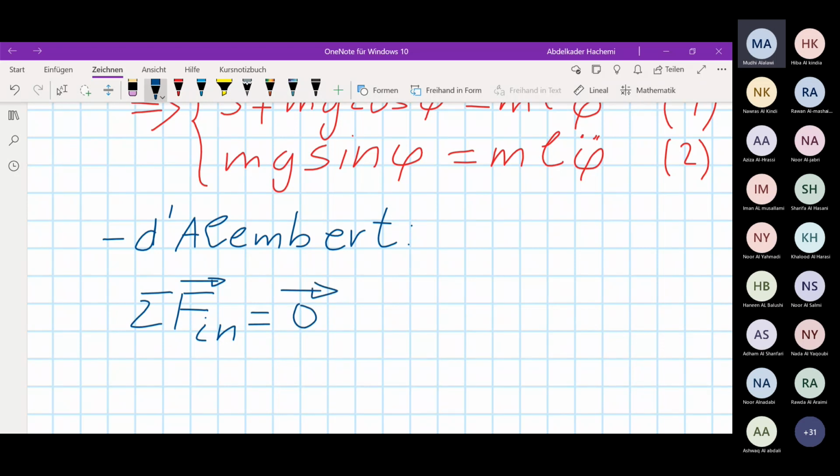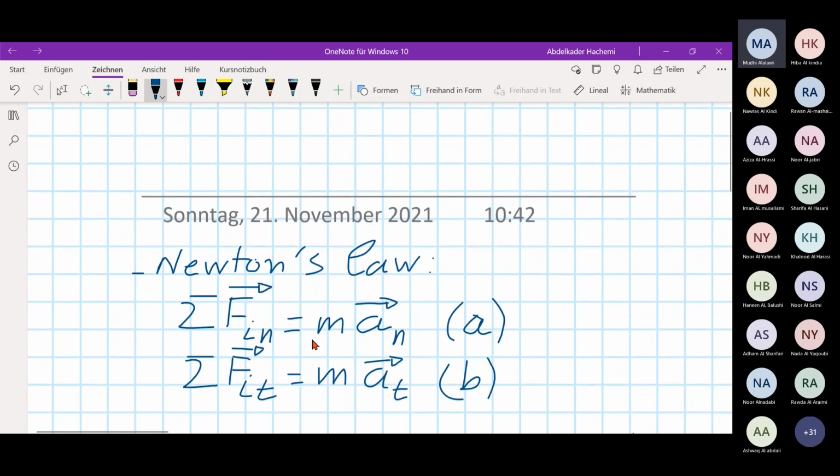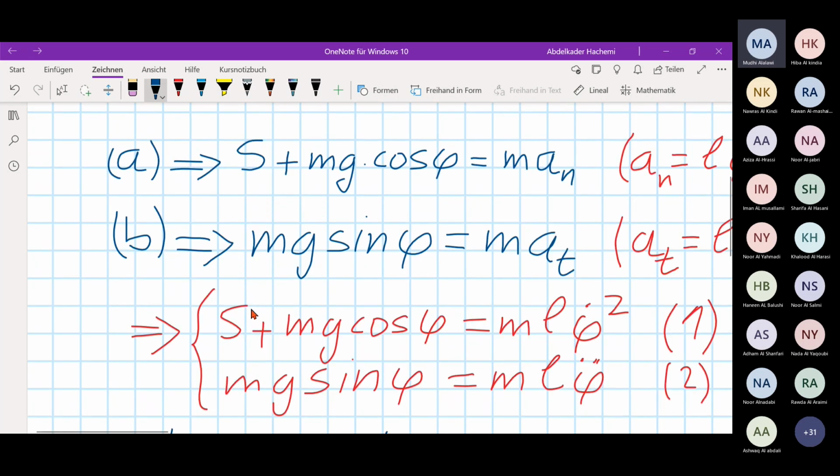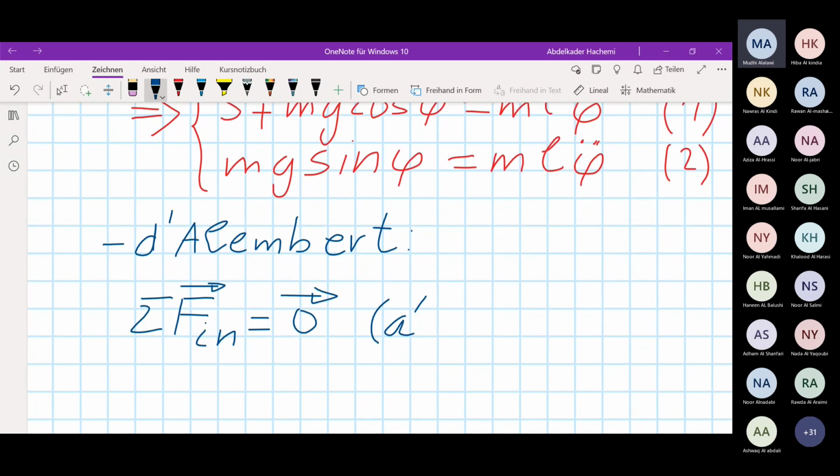Here for Newton we had the mass times acceleration, but for D'Alembert we take zero, and we introduce the inertia force on the left hand side. I call this A prime. And we have the sum of the forces along tangential direction e t, which is also equal to zero, and this is B prime.